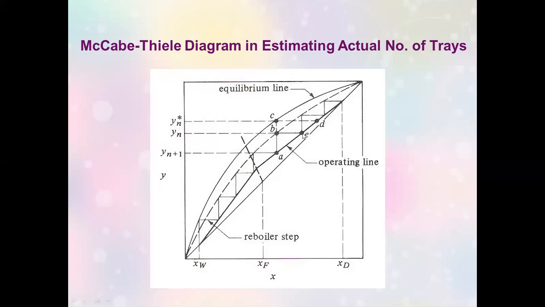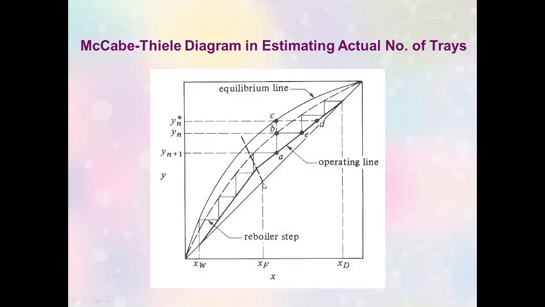It seems like you have an equilibrium curve here. This is your original equilibrium curve, and there seems to be a new equilibrium curve drawn here. So I'm giving you a clue: you have drawn a new equilibrium curve. The rest of the procedures in plotting the operating lines are the same.